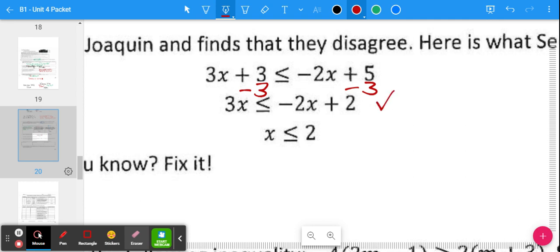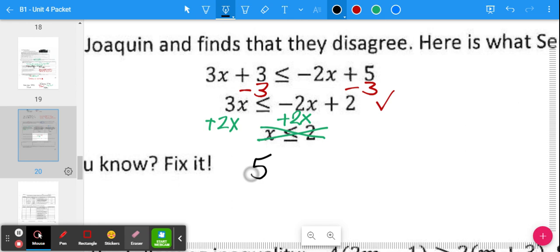They've done this correctly. So then if we look at the next step, we need to move this negative 2x to the left side, because you cannot combine the like terms if they're not on the same side of your equation or inequality. So to move that negative 2x, we have to do the opposite, which is addition. And that's where the error occurs. This is not accurate.